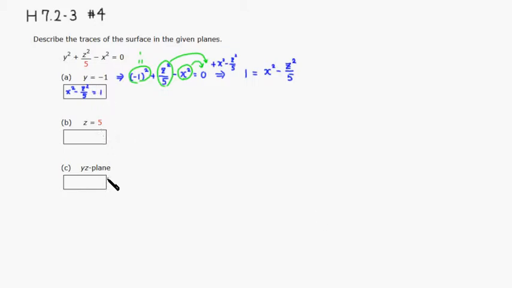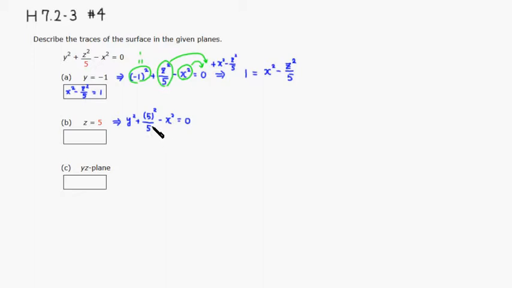Now let's try z equals 5 the same way. If you plug in 5, you get y squared plus 5 squared over 5 minus x squared is equal to 0.